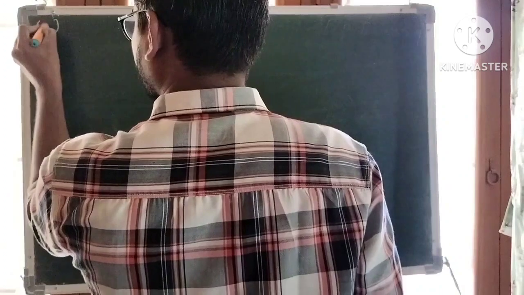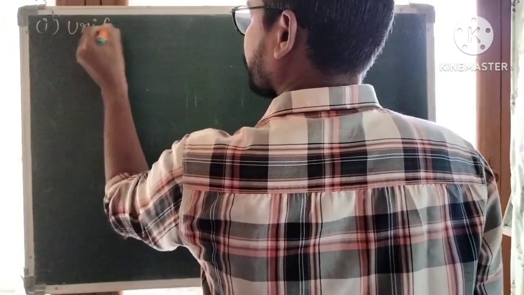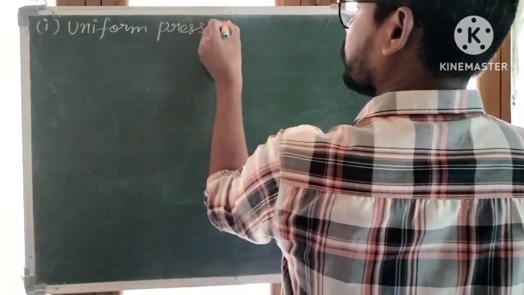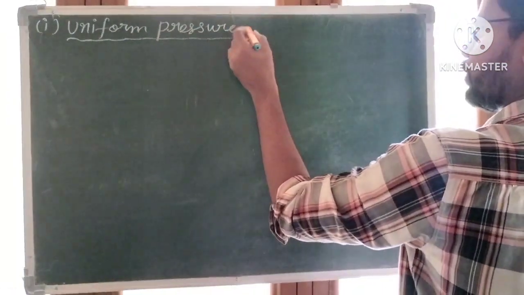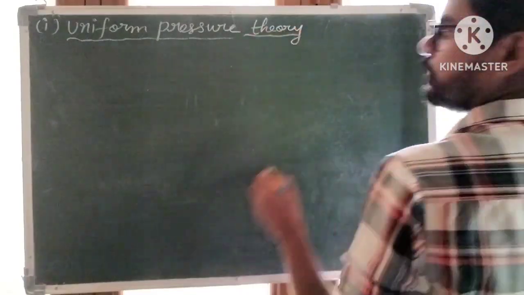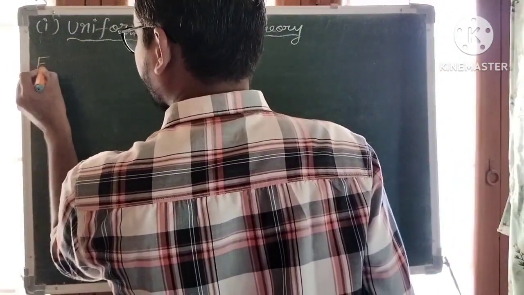So first let us assume uniform pressure theory. Now we are going to find power lost in friction according to uniform pressure theory. What is the formula for frictional torque?